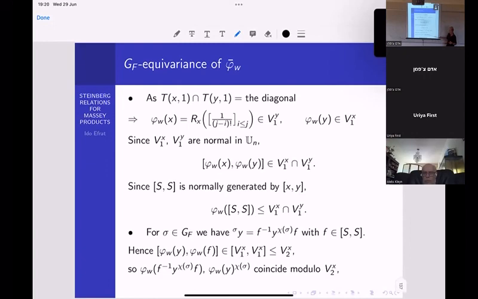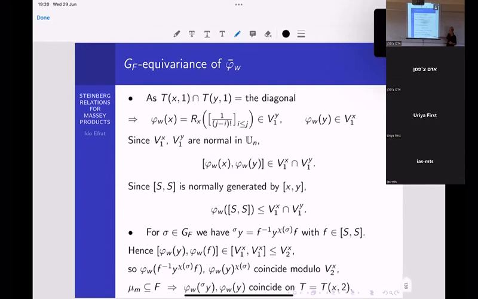Well, the first one is phi W of the action of y. Here it's a little computation because the cyclotomic character is 1 plus something, it doesn't really matter that you took here this exponent, you get phi W of y, which means that they coincide exactly on the entries that we did.